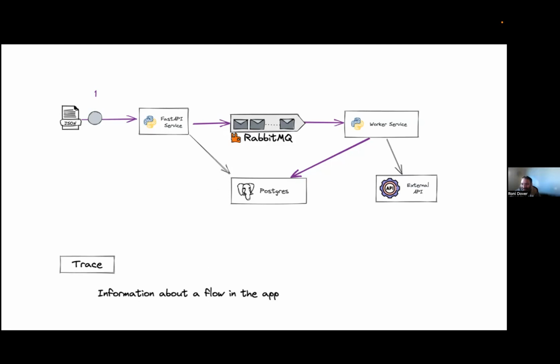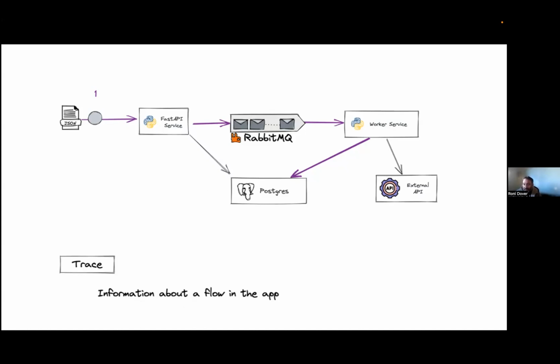Okay, awesome. So, a quick recap for those of you who are not familiar with what tracing is. Tracing is basically a way to look at a specific flow that goes through my system and understand how it works. In this case, this is the application architecture, and because it's distributed tracing, a trace goes between different microservices.